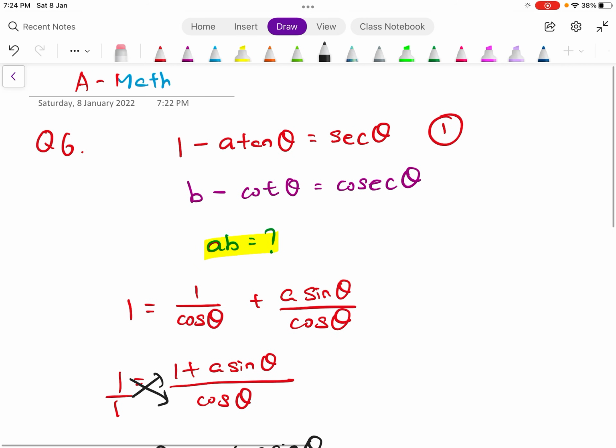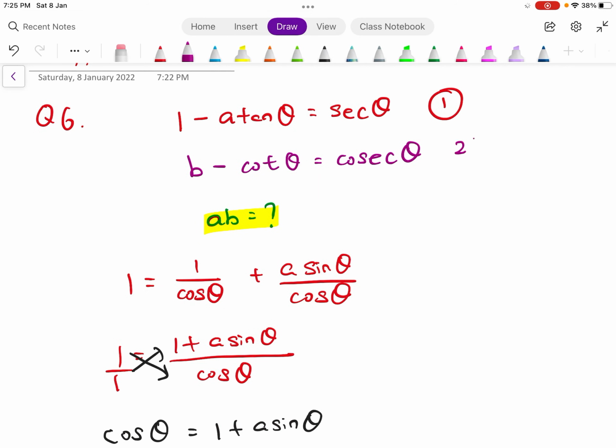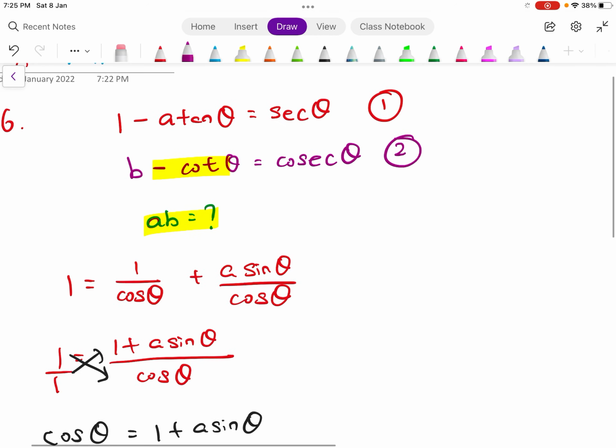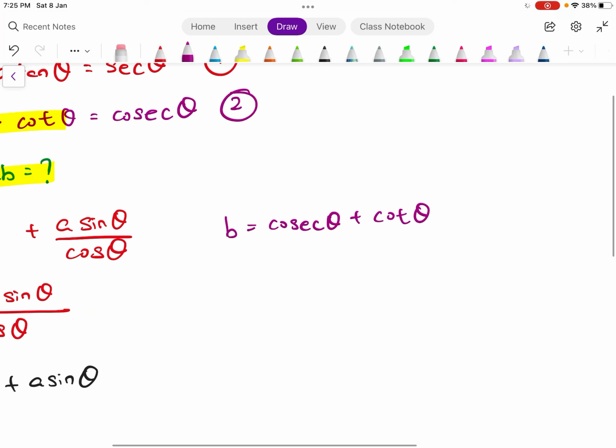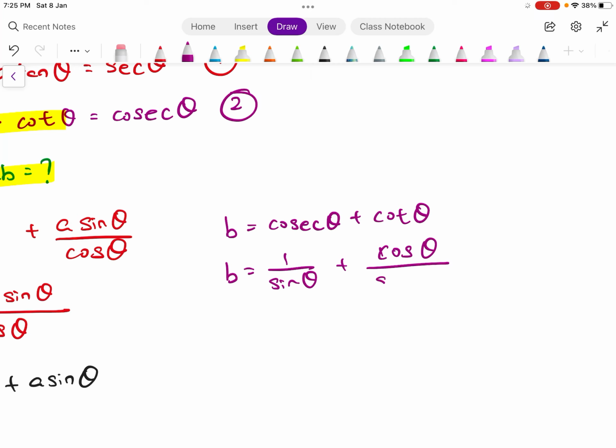Now I move on to the second equation. Same thing, I want to move my negative cotangent theta to the right hand side. So you will see that I get B equal to cosecant theta plus cotangent theta. If I change cosecant and cotangent fully in terms of sine and cosine, you get B equal to 1 over sine theta plus cotangent theta, which is cosine theta over sine theta.